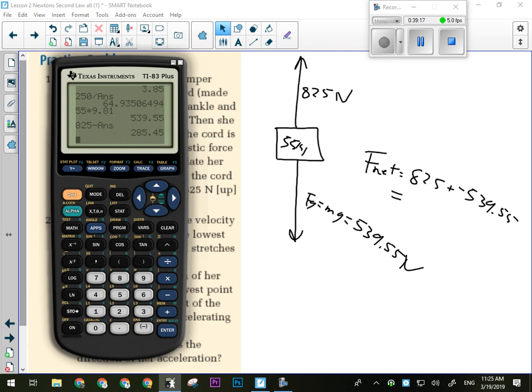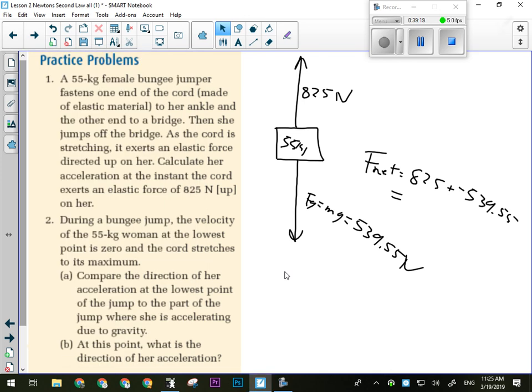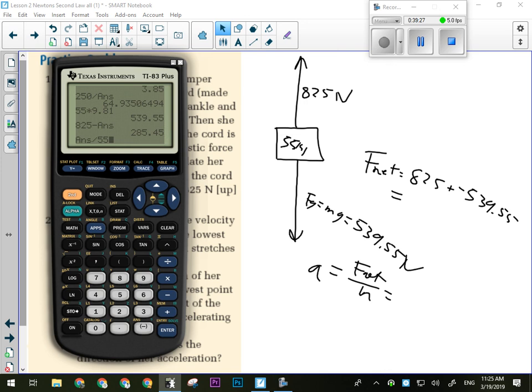If I want to calculate her acceleration, then I plug that into a equals F net over m. So I just divide that by 55. All right, so her acceleration is 5.19 meters per second squared up due to the bungee cord, which is what you want when the ground is rushing towards you after you jump off the bridge.